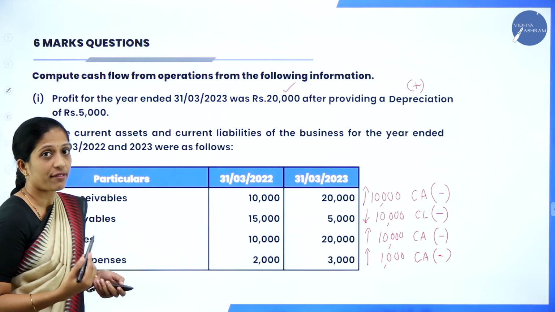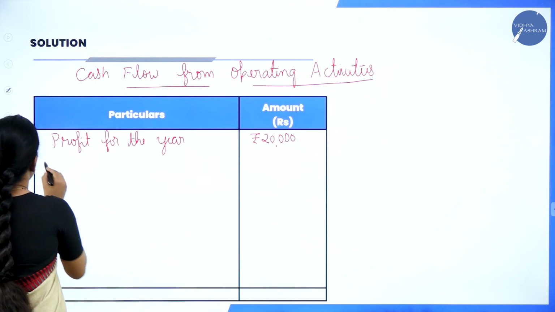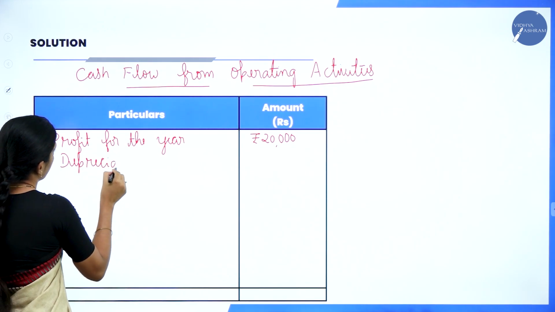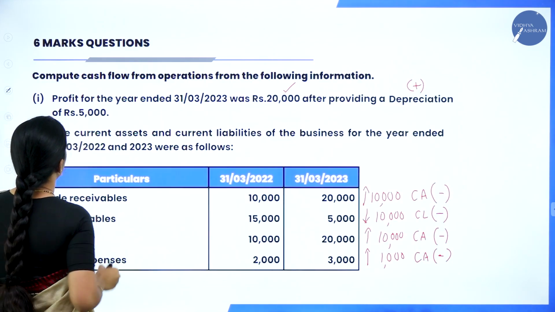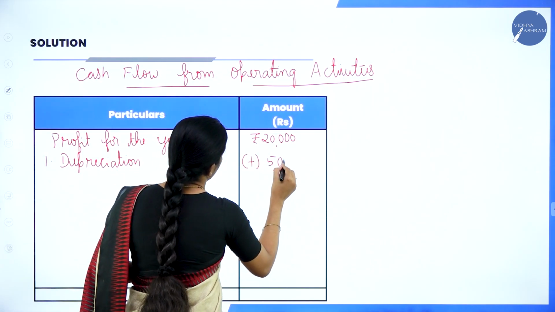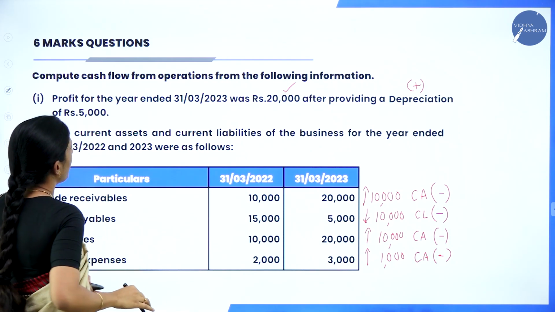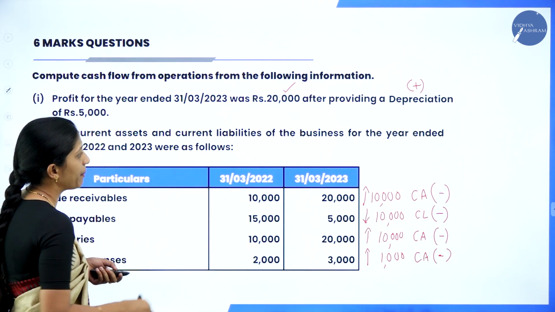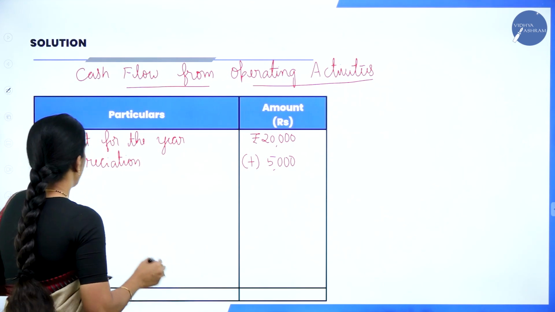So depreciation, what you have to do? Add. So depreciation is 5,000. Add 5,000. Next, the current assets and liabilities they have given. So we shall see with the trade receivable.